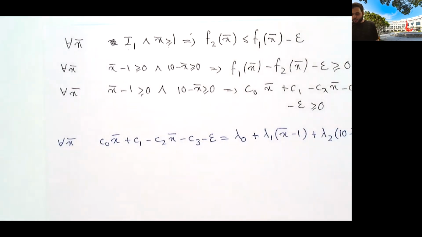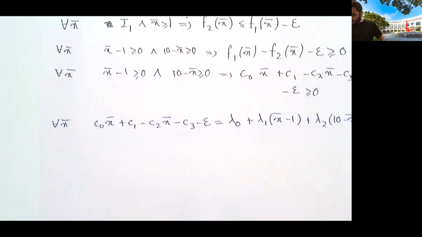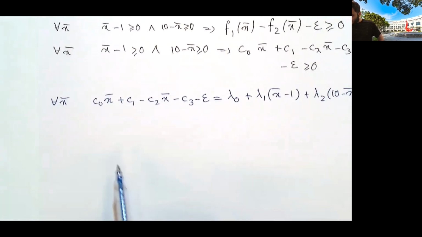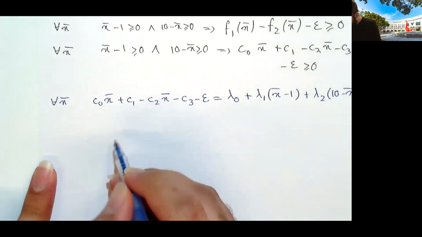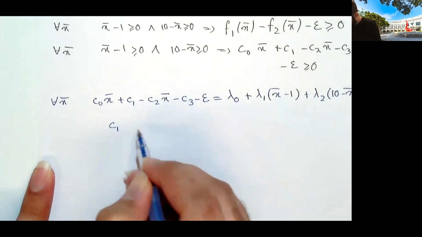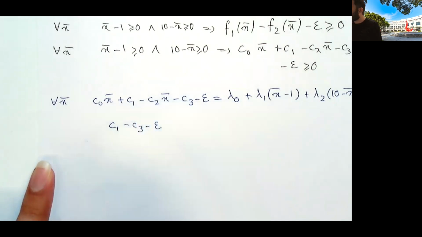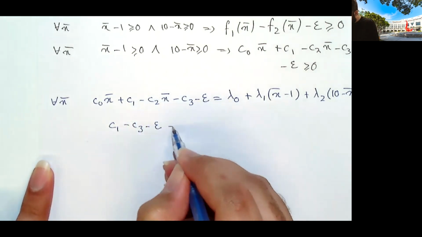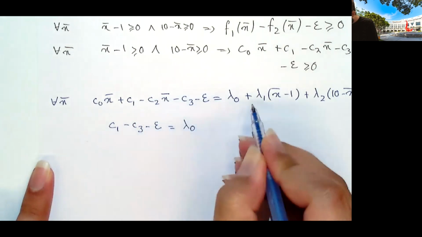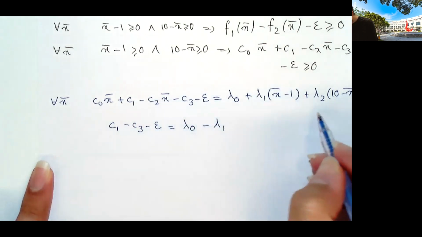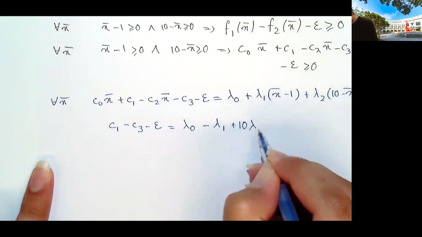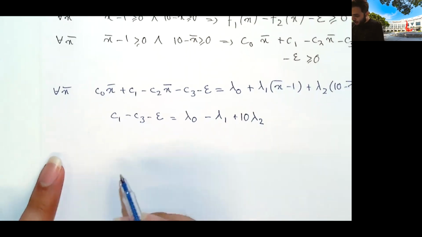Okay, and now again, we get rid of the quantifier there by just saying that the corresponding coefficients should be equal on both sides. So what is the constant factor here? We have C1 on the left-hand side minus C3 minus epsilon. And this should be equal to lambda 0 minus lambda 1 plus 10 lambda 2.